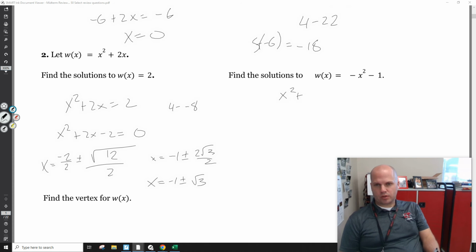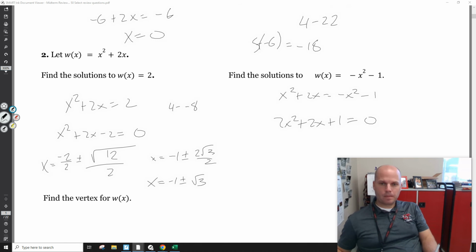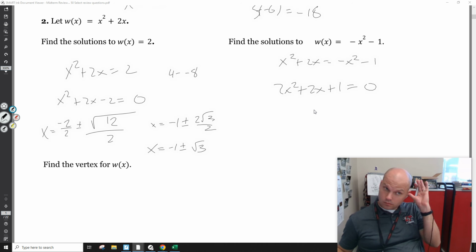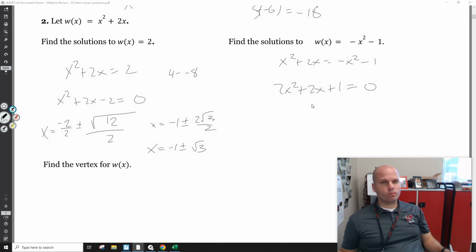When does x squared plus 2x equal negative x squared minus 1? That's when 2x squared plus 2x plus 1 equals 0. Same deal. Backup is always quadratic formula.